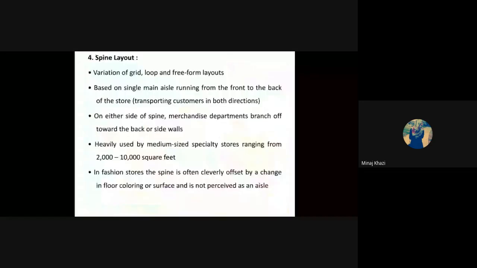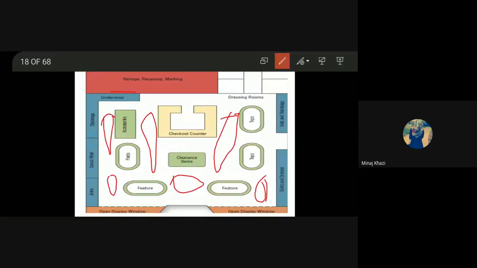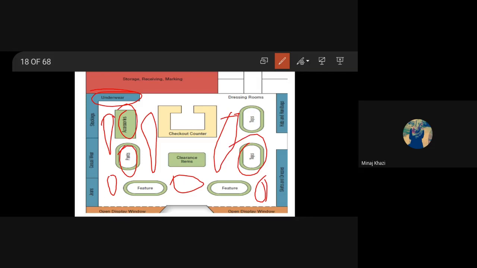You have an undergarment section, an accessory section, pants, then some toys, tops, and also skincare, jeans, casual wear. All these things, they do very exclusively.